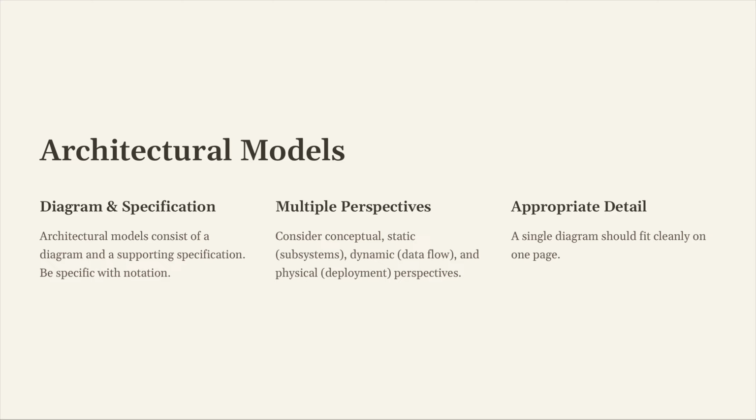This includes the conceptual view, what the system does, static view, its structure, dynamic view, how it behaves, and physical view, how it's deployed. Appropriate detail. A good model is concise and fits on one page while still being informative. Models help teams understand and communicate the architecture effectively.